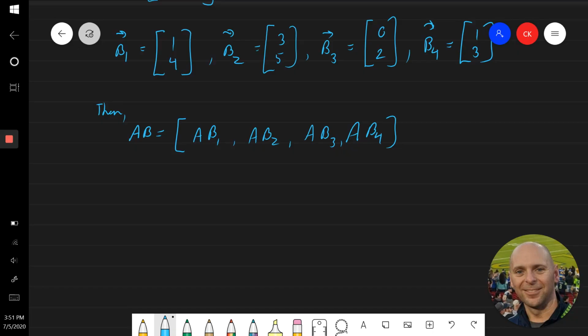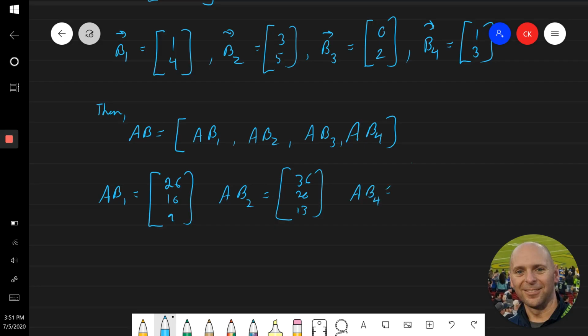When you multiply those up, A times B1 is going to be 26, 16, and 9. If I take A times B2, we're going to get 36, 20, and 13. A times B3 is going to be 12, 8, and 4. And then finally, A times B4 is going to be equal to 20, 12, and 7.